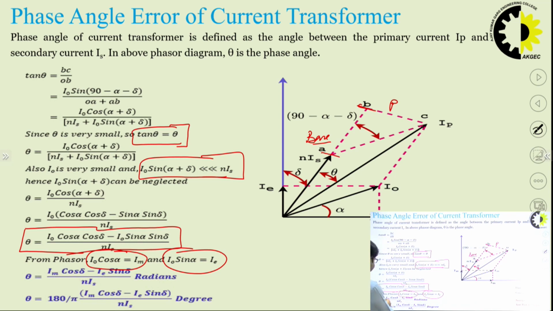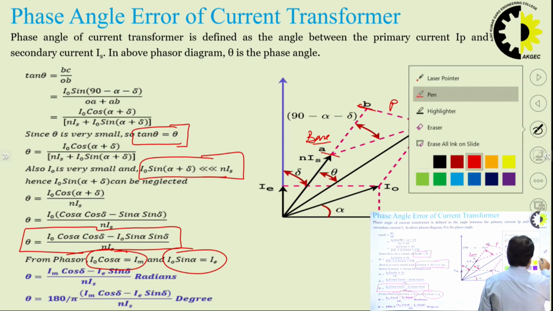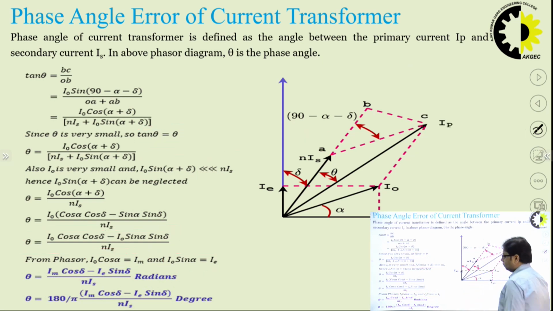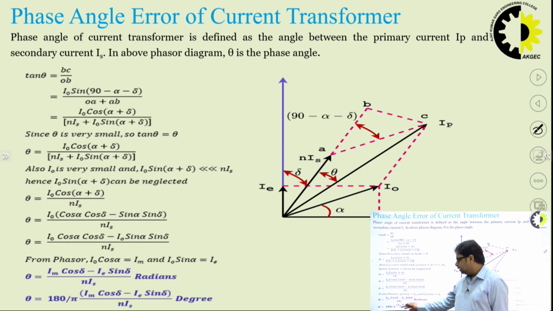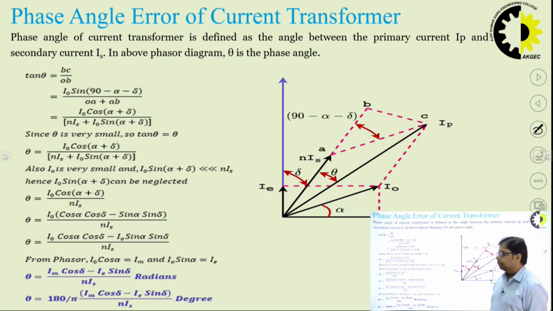So, further this is Im cos delta minus Ic sin delta upon NIs, which is in radians. If we want to convert that into degrees, we need to multiply it by 180 by pi.